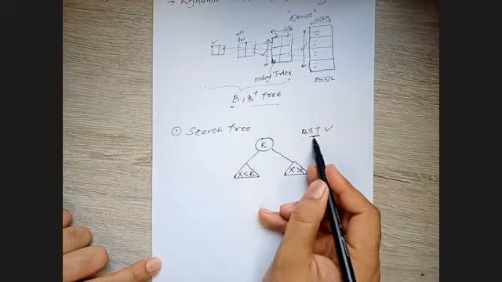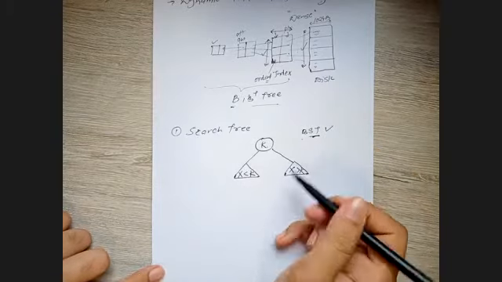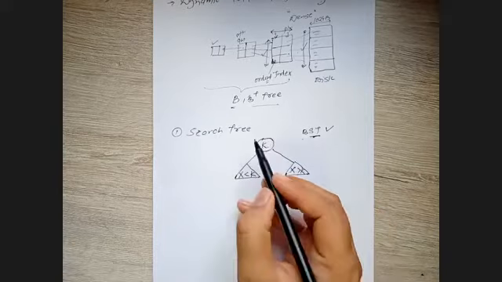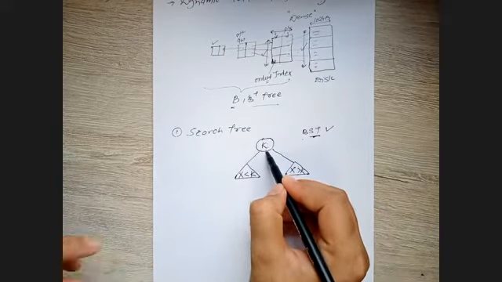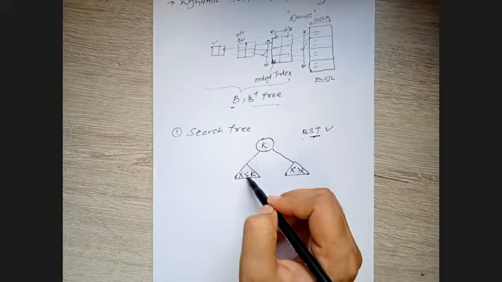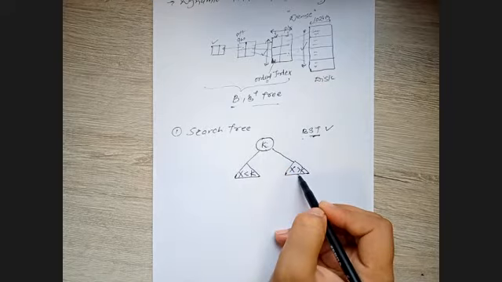In this binary search tree, the data is all in sorted order. Every parent key is more than the keys of the left subtree, and this parent key is less than every key on the right subtree.